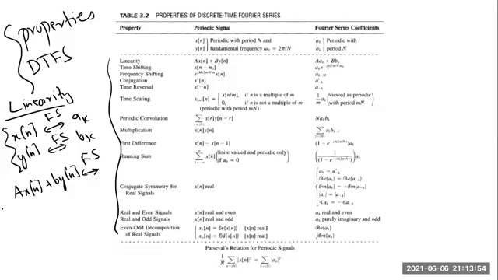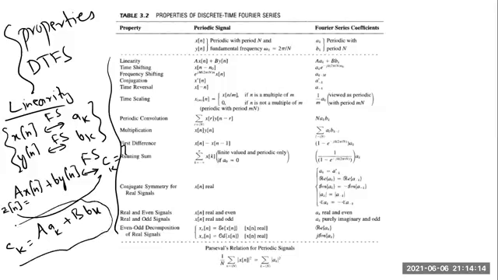For notation, I can call this signal z of n, and its Fourier coefficients will be c_k. Now c_k will also be the linear combination of the Fourier coefficients: a times a_k plus b times b_k.